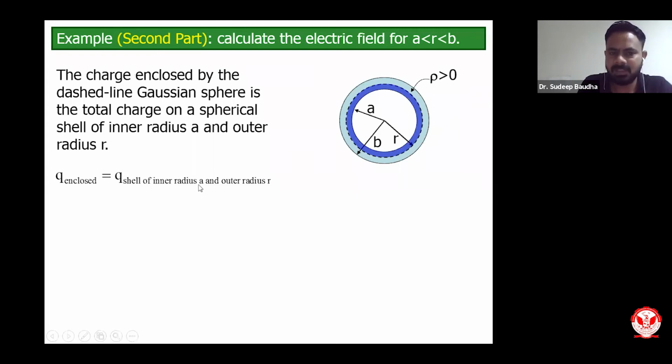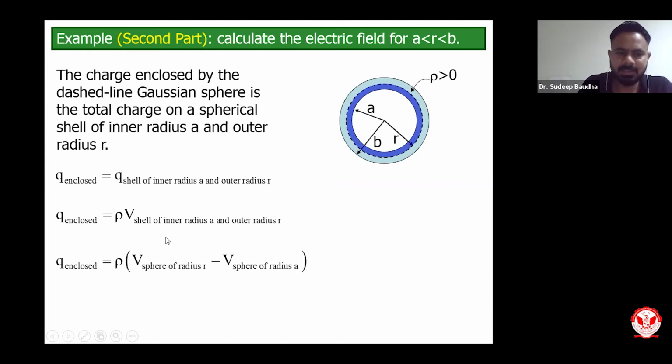the shell of inner radius A and outer radius R. We are talking about inner radius A and outer radius R. So I can simply write it as rho, which is volume charge density, into the volume between the inner radius and outer radius. So this volume we are talking about.